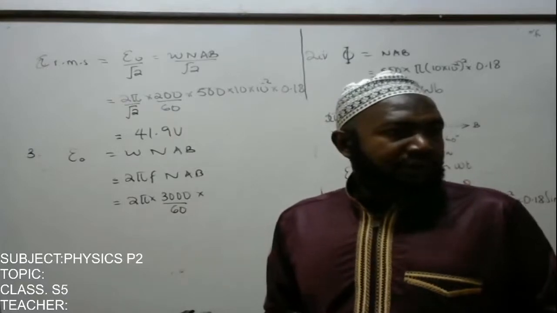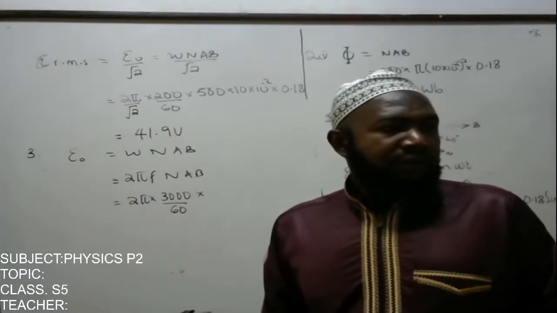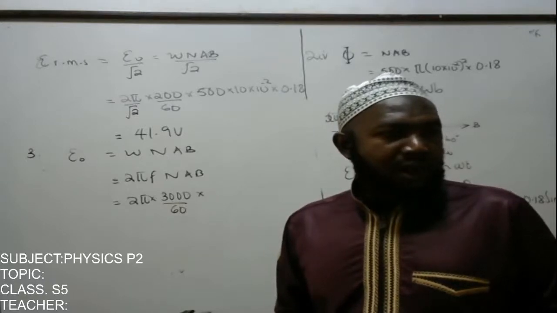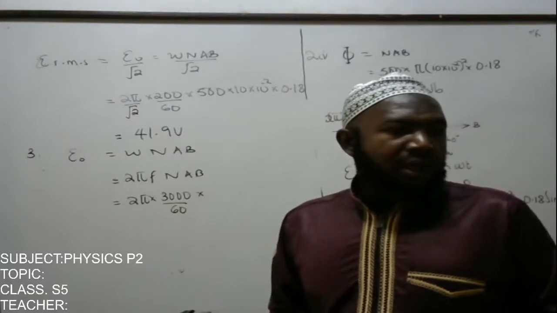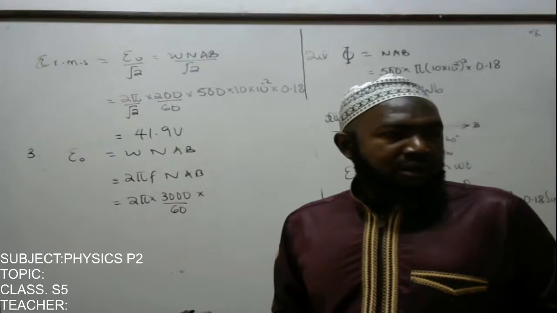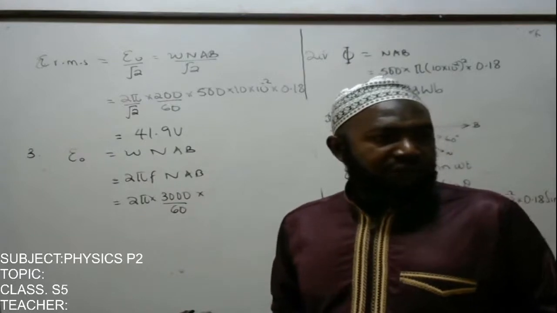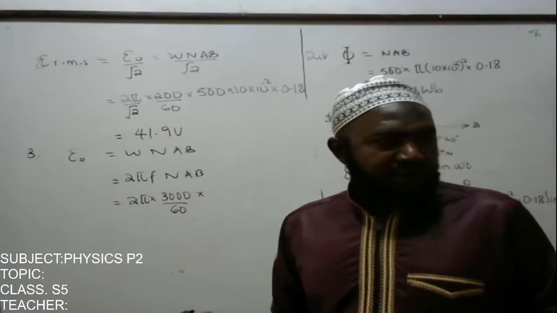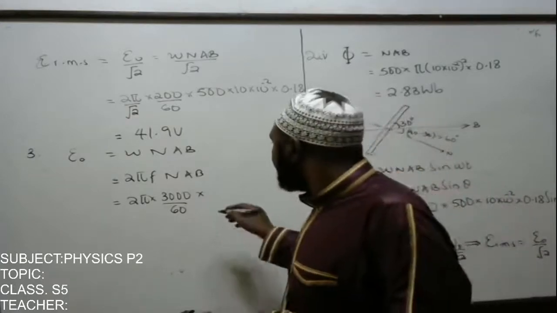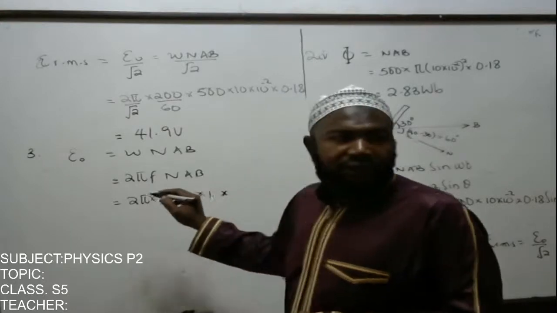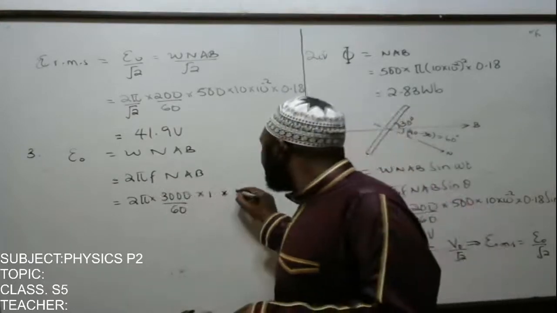We are told, so the number of turns were not given, maybe it was skipped. And then the magnetic flux density is 0.04.